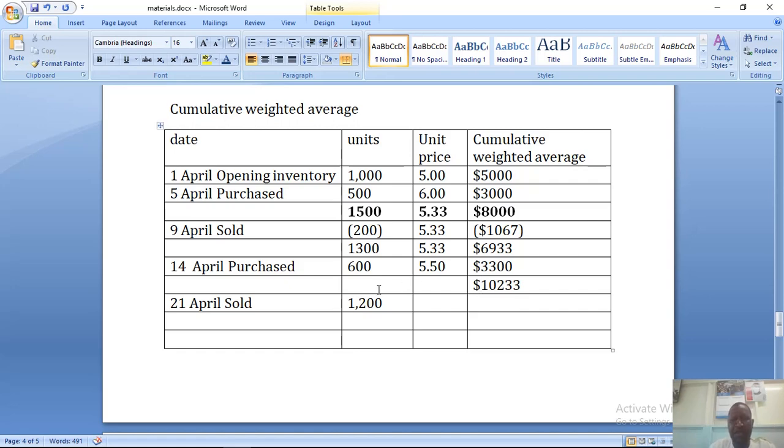That's the total value, and the total number of units at this stage should be the 1,300 units we were remaining with plus the 600 units that have been purchased. The number of units should be 1,900 units.